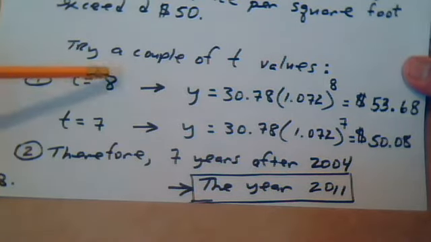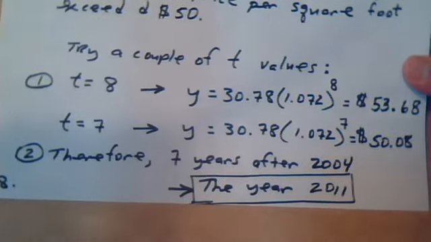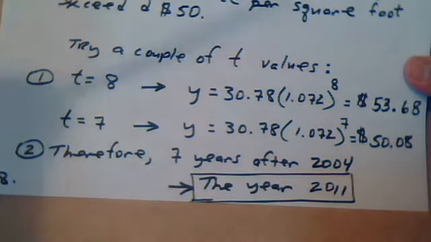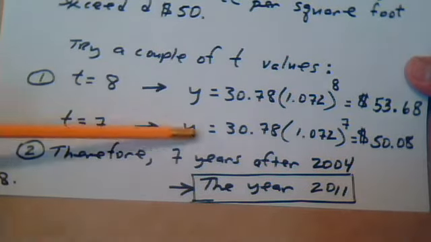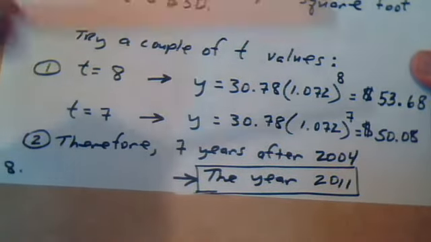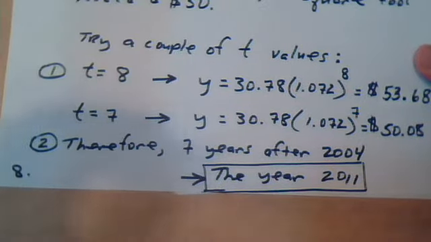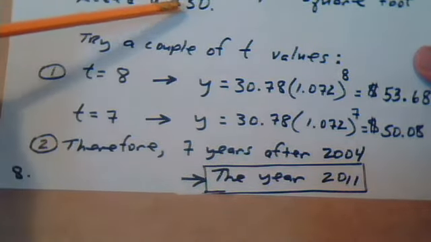So try a T equal 8, key all this into the calculator, and you get 53.68. Can you get it closer to 50? Well, bring the 8 down to a 7. So try a 7 now. Plug it in, and you get 50.08. So notice 50.08 is the closest you could get to 50, because they wanted, what's the first time you exceed 50?